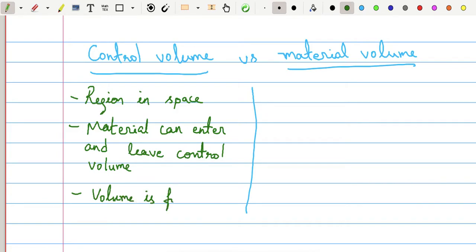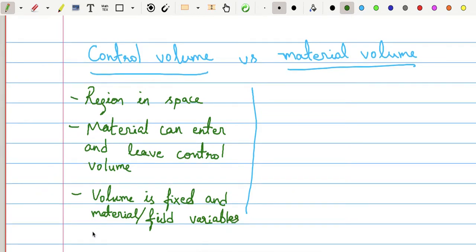The volume is fixed and the material or field variables can vary in the volume.